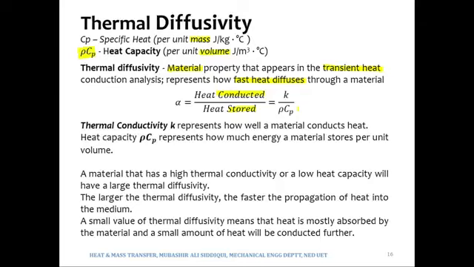The amount of energy stored will depend upon its storage capacity, upon its heat capacity, upon its specific heat. So the heat will be stored till a certain period of time. Let me give you an example.